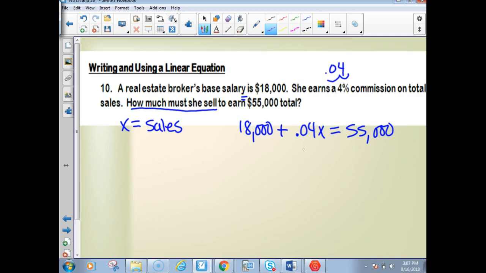Subtract 18,000 from your 55,000, or from both sides technically. We've done this already before, but I don't feel like thinking that hard, so why don't you guys calculate it for me? 37,000, thank you. And then use your calculators and divide 37,000 by 0.04.